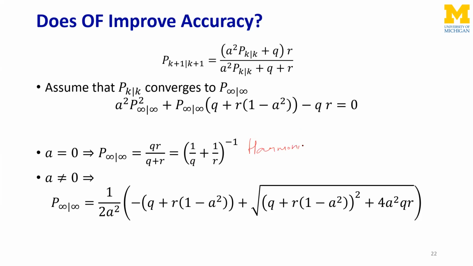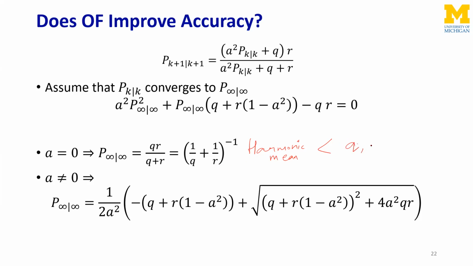So if we don't have any dynamics, that is, the dynamics matrix A is equal to 0, we are only weighing the state and the noise in inverse proportion to their variances. So P infinity is going to be given by this expression. And I think there's a property that the harmonic mean is less than either Q and R.